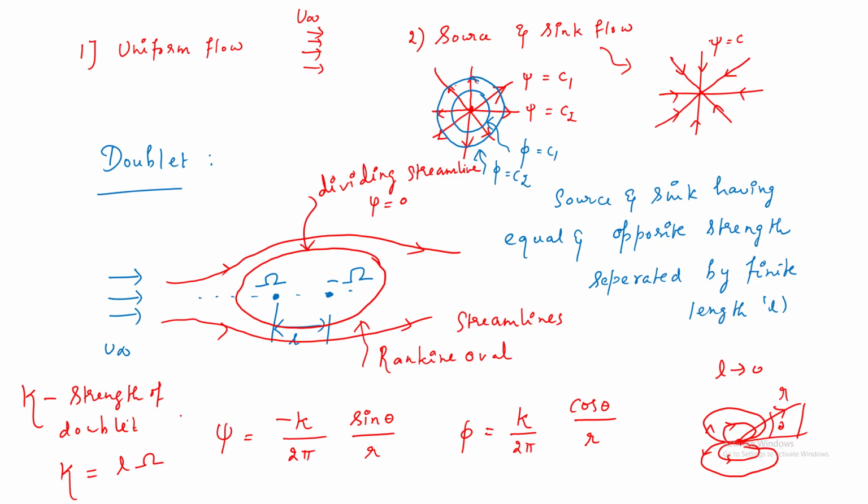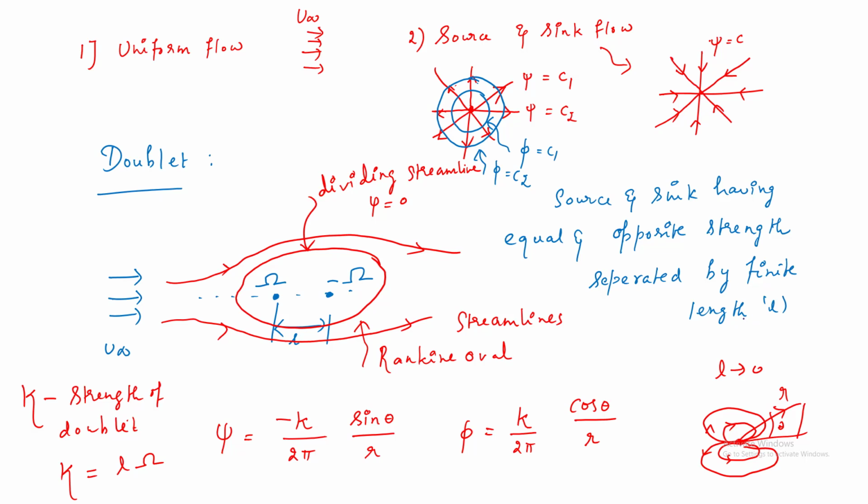This is just to give an overall view of the doublet, but our question is what is a doublet. The doublet is a source and sink pair having equal and opposite strength and separated by a finite length L.